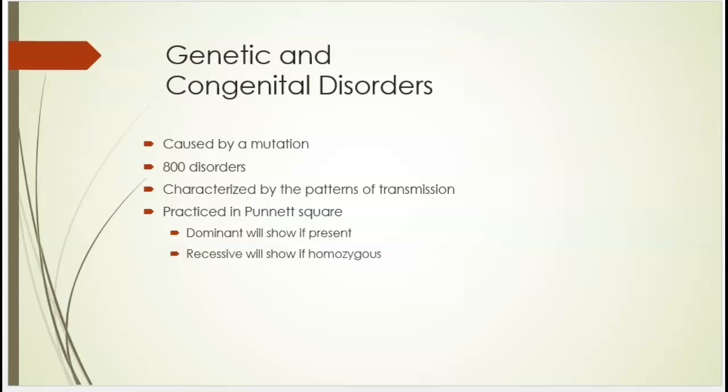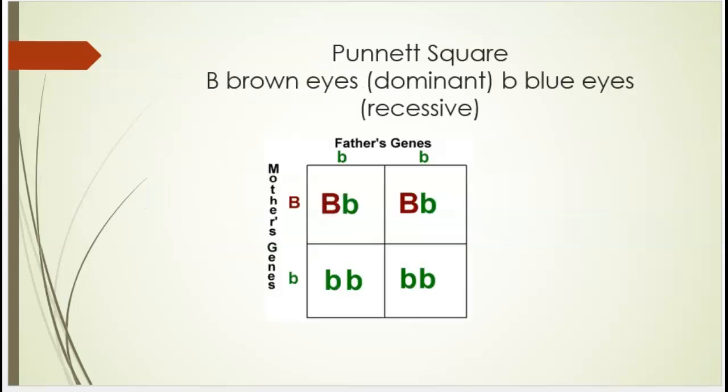If a parent carries it, it depends on how those genes, once again, carry over from the mother and the father. If the child has a dominant genetic disorder and it's expressed the same way on this Punnett square, it would show up in 50% of the children. If it's a recessive genetic disorder, it will show up 50% of the time as well, if we make those Bs either dominant or recessive genetic disorders.